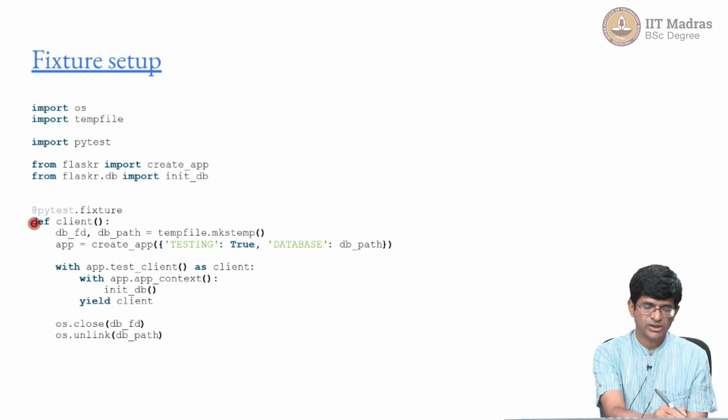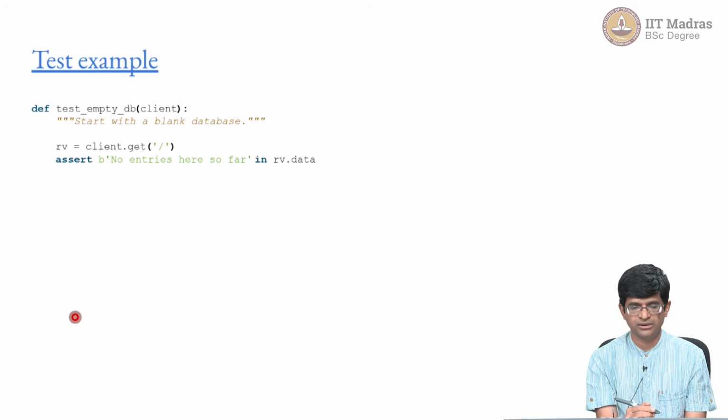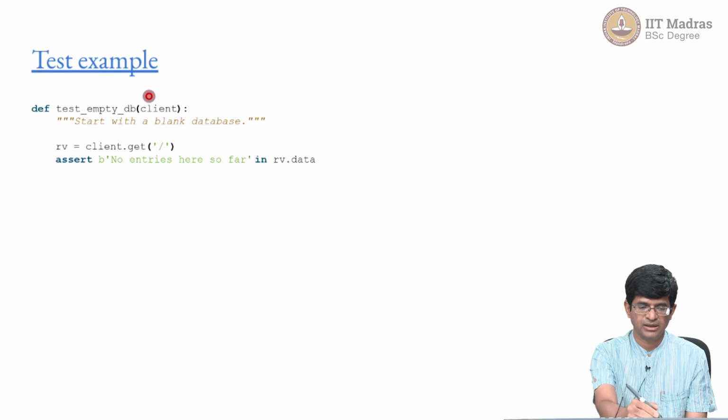Okay, so this client, in other words, is something that is part of Flask itself, right, and at the end of the day it is creating this app.test_client, which is a function within Flask, and it is allowing you to use that for your test cases. How would you use it? This is an example, right. I might, for example, start with the test_empty_db, and this client also has certain methods that can be called.